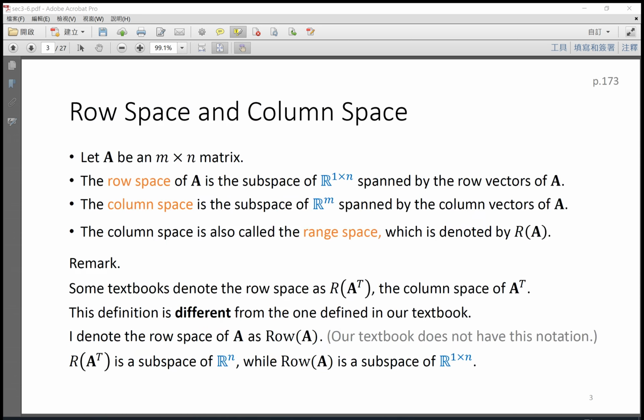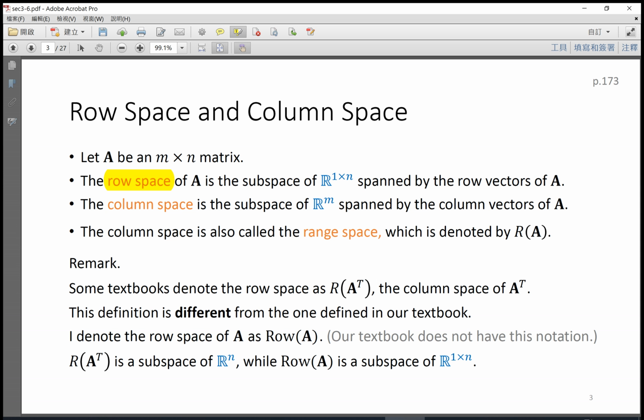In this slide, I will give the definition of row space and column space, which is on page 173 of the textbook. Let A be an m times n matrix, which means A has m rows and n columns. The row space of A is the collection of vectors.